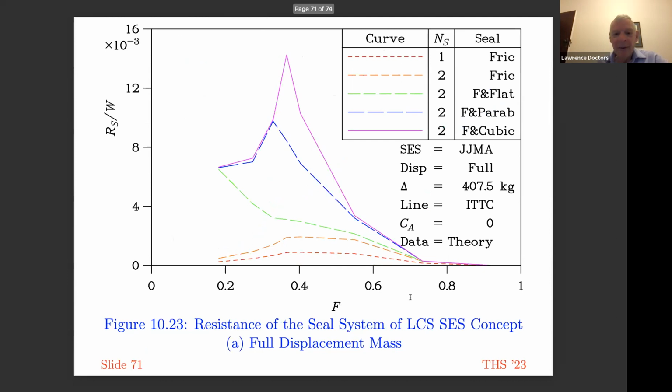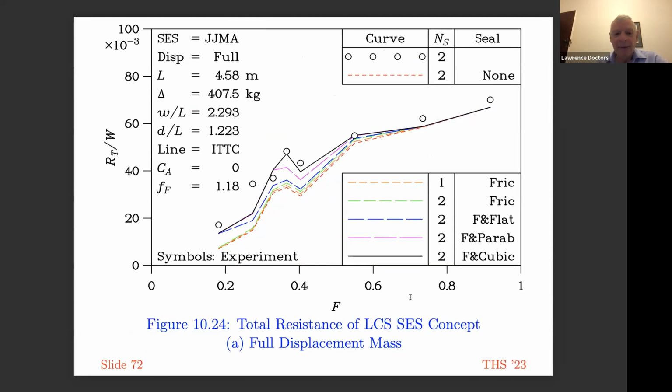And if we go to this slide here, it's a similar slide. The vertical scale is resistance made dimensionless against the weight of the model. The horizontal scale is the Froude number, or the speed if you wish. That red dashed line is the original calculation of the resistance, ignoring the seals.